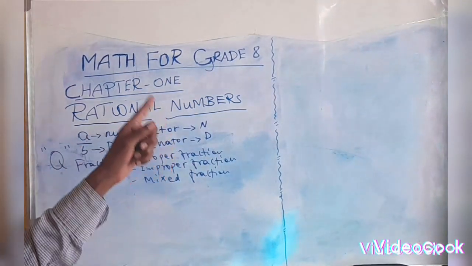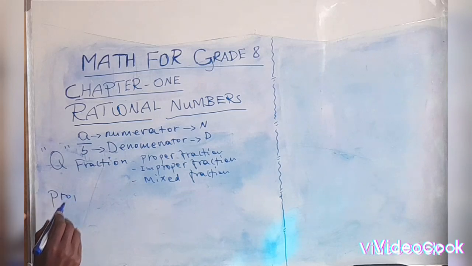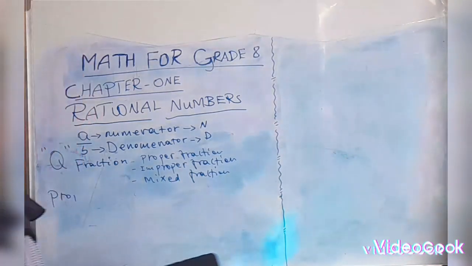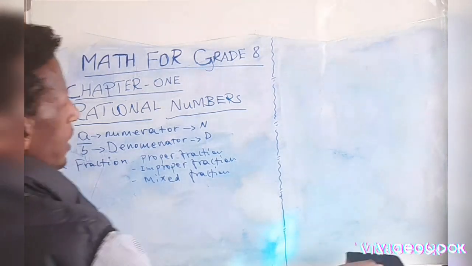Now let me see them one by one. A proper fraction is a fraction in which the numerator is less than the denominator.